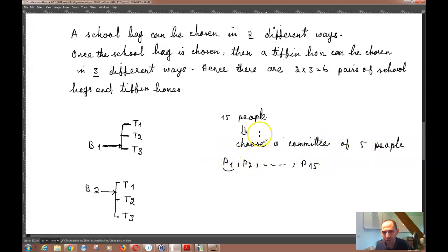That way I would have many different committees of 5 people chosen out of 15, which would be a time-consuming process to go through, right?